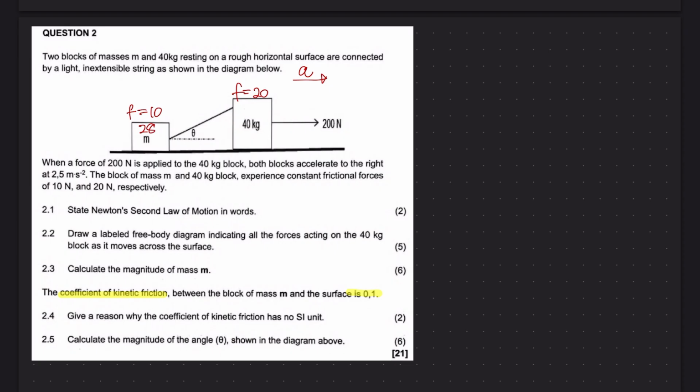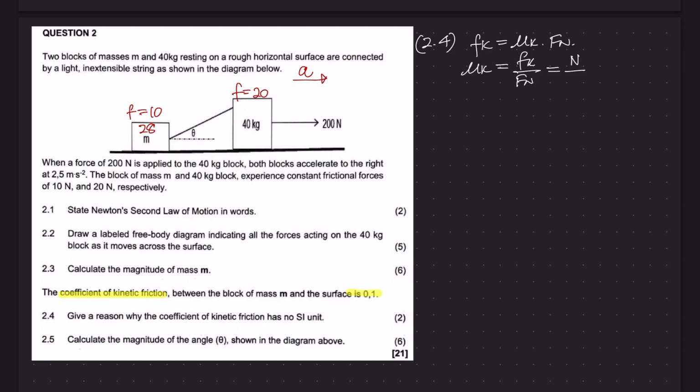2.4, give a reason why the coefficient of kinetic friction has no SI unit. Okay, so to answer this question, let's look at the formula for kinetic friction. Fk is equal to mu k times Fn. Now, if you want to work out mu k, it is equal to Fk divided by Fn. We know that kinetic friction is measured in newtons, right?